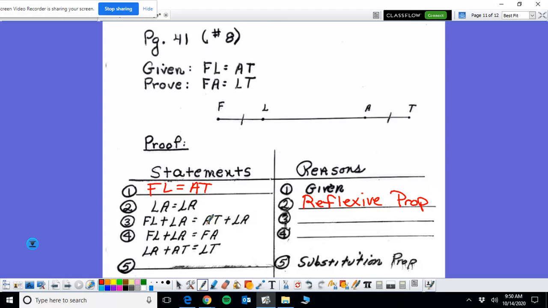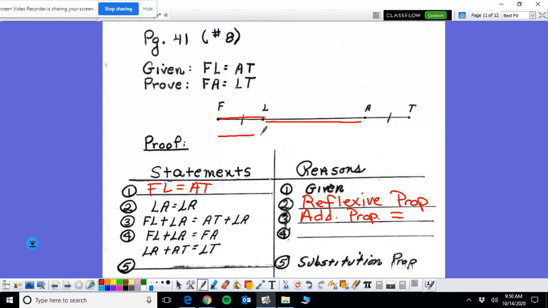A equals B, C equals D. Now I know these are the same, but this is still C equals D. So then A plus C equals B plus D. This is the addition property of equality. And then we go to our next step. It just basically says that FL plus LA equals FA.